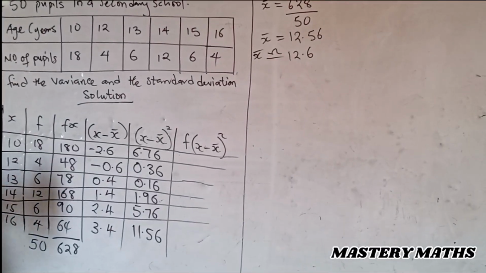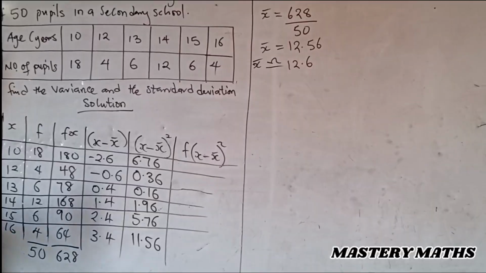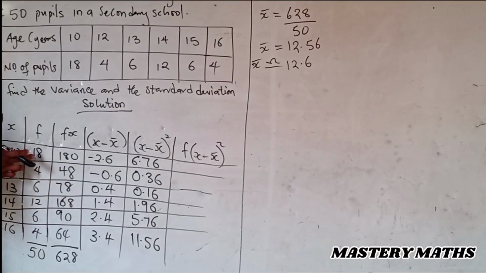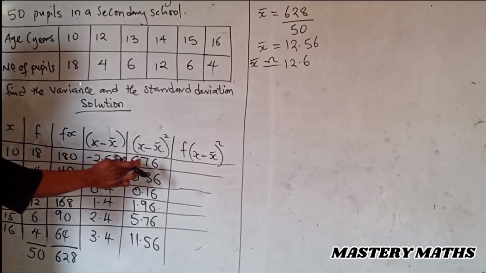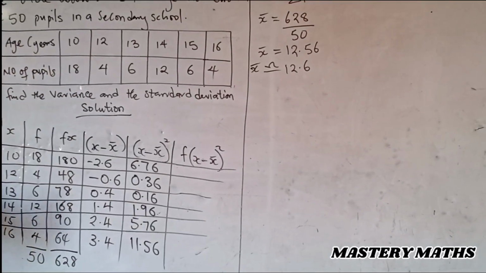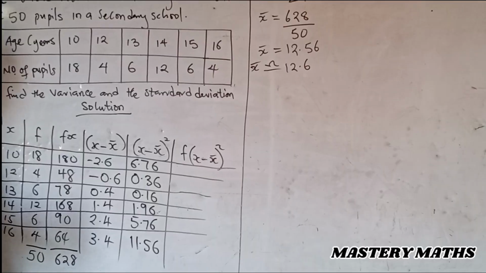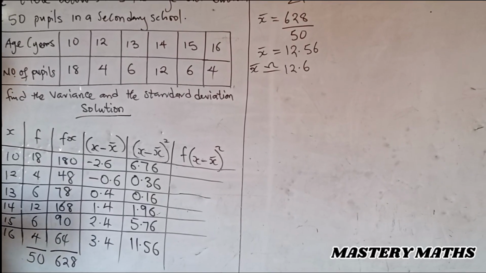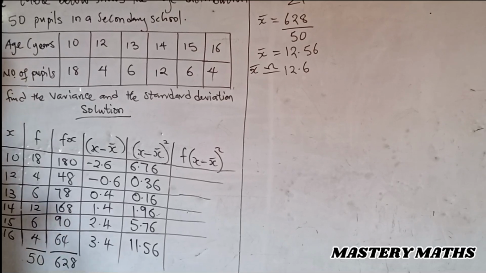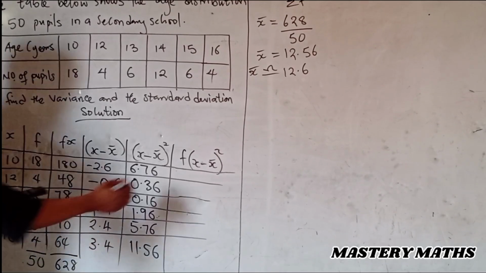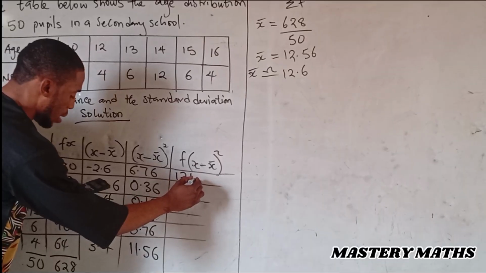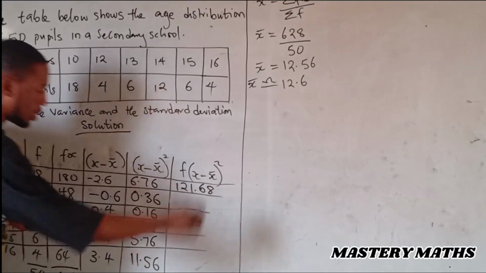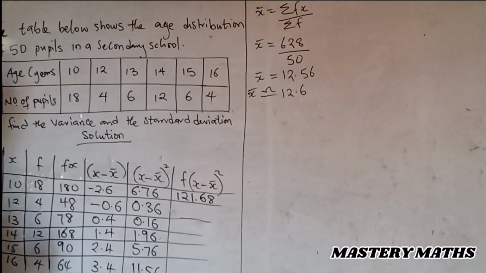So using the same scientific calculator, we multiply. We use our 18 times 6.76, which will give us 121.68. That is the answer.